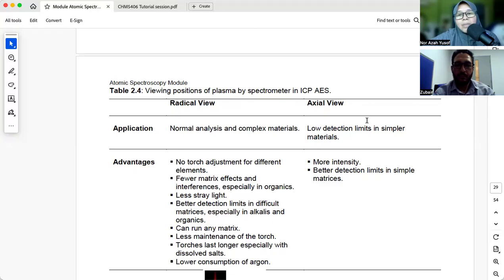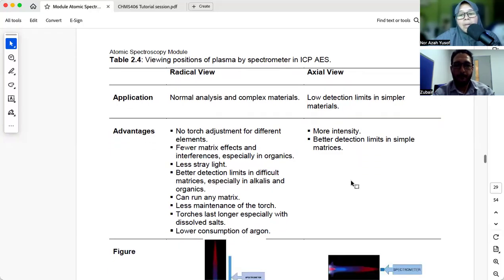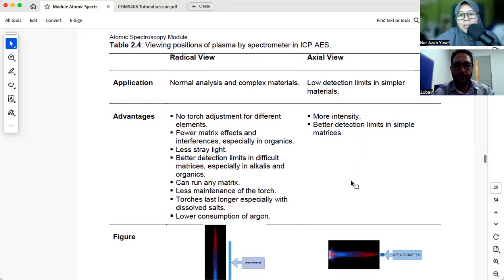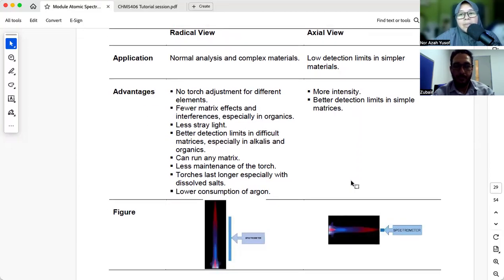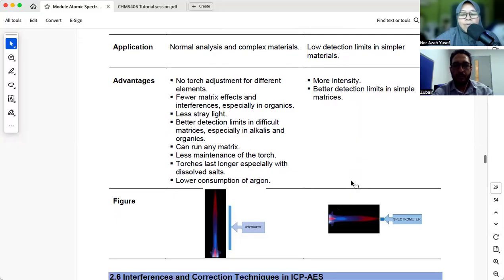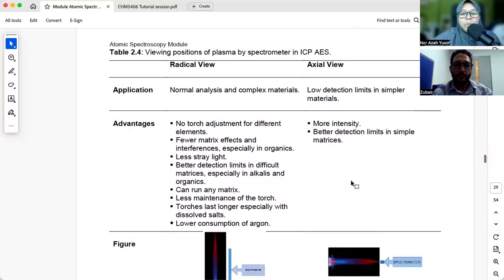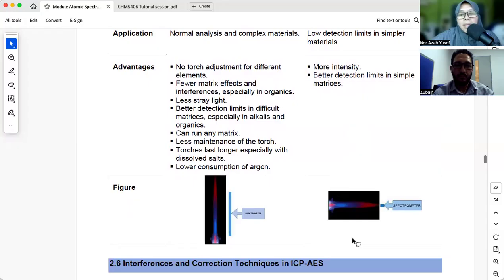You can see this axial view will help to have better detection limit. That's why this machine is much more expensive, and it helps you to detect with lower concentration. So this is what is meant by radial view and axial view.